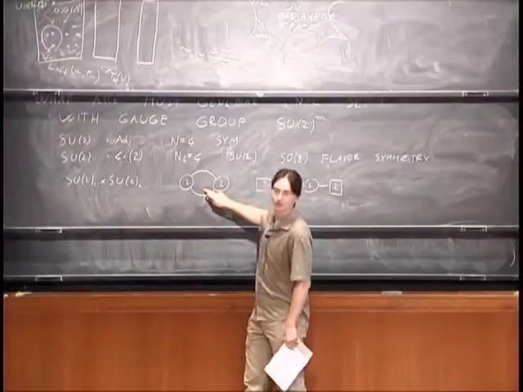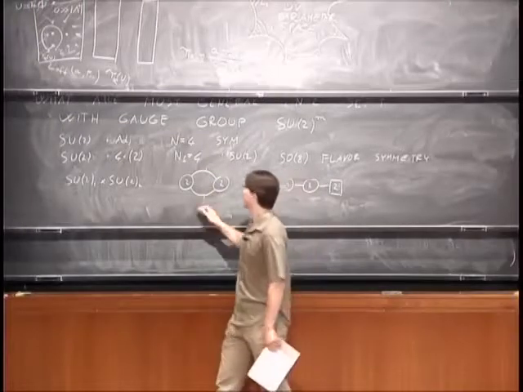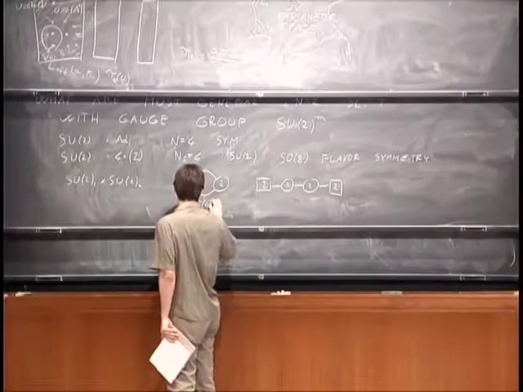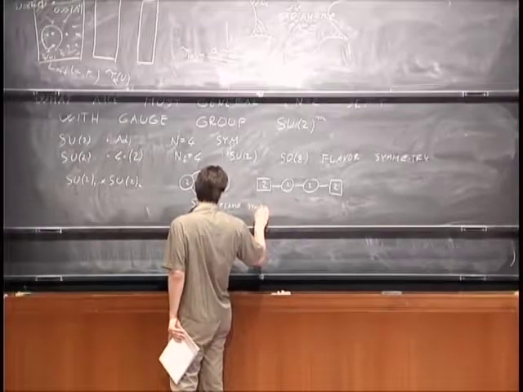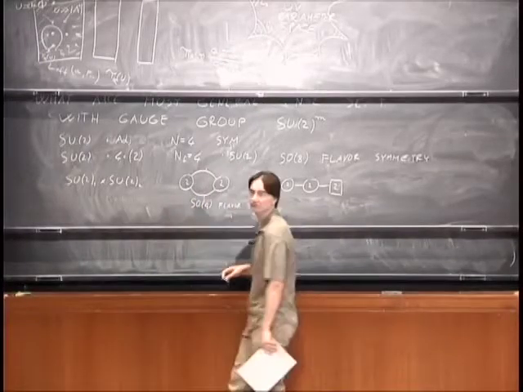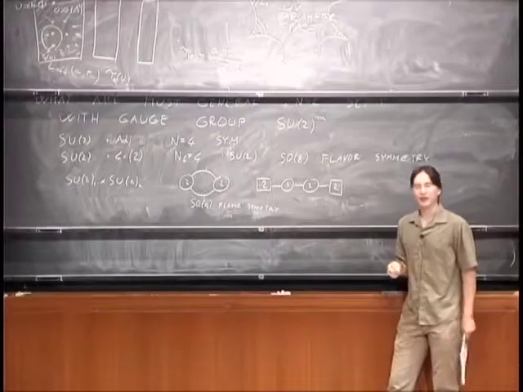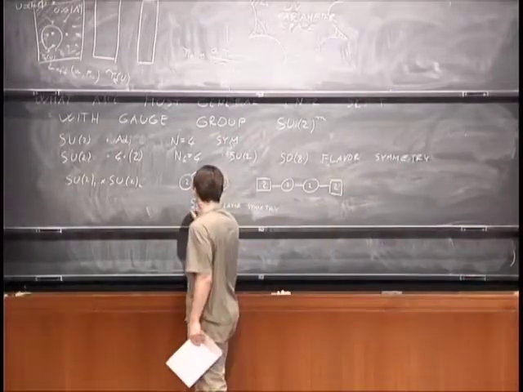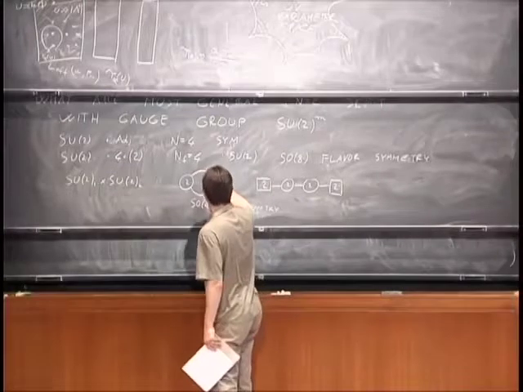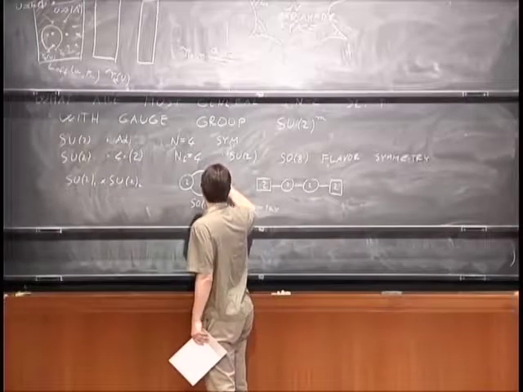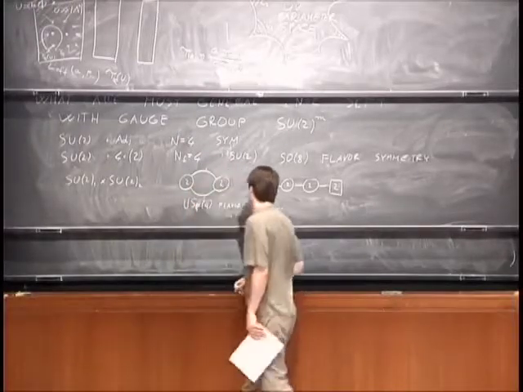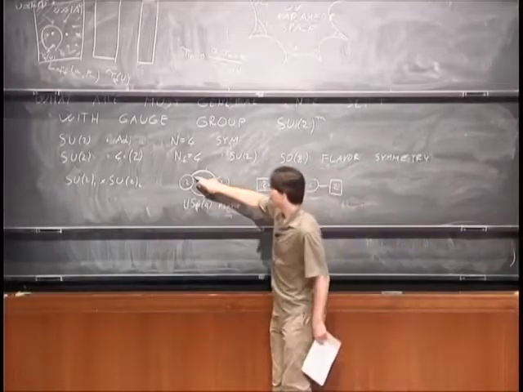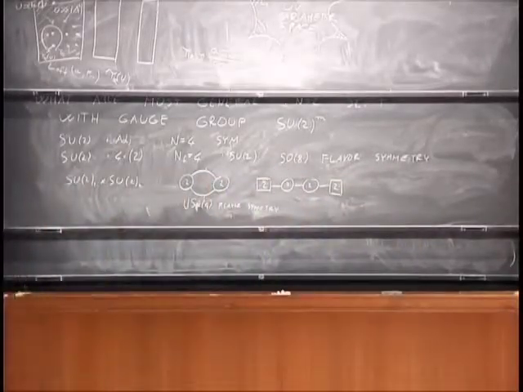So if I have 2 bifundamentals, I actually have a USp(4) flavor symmetry, because if I have n real representations, I get a USp flavor symmetry.